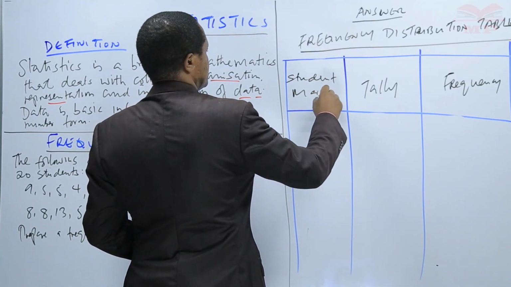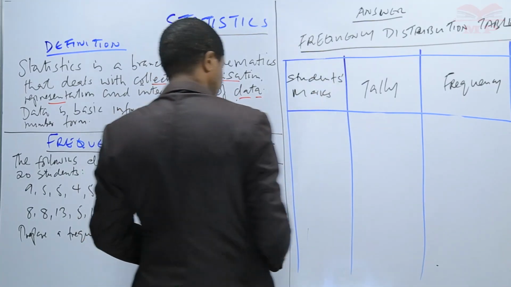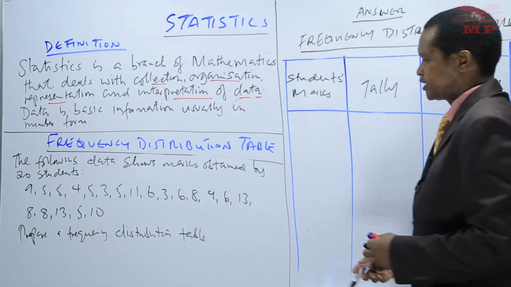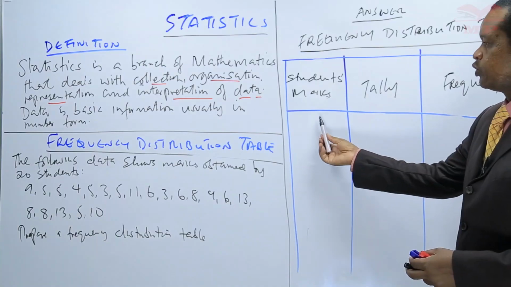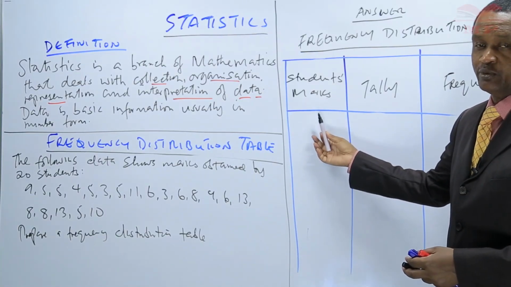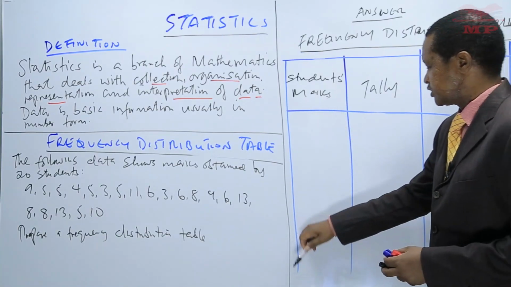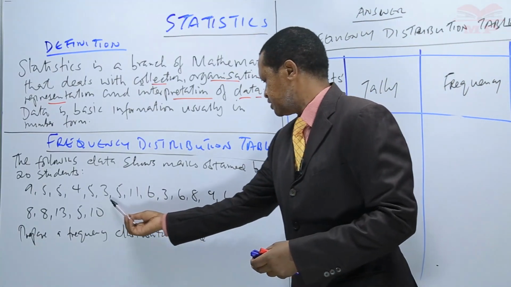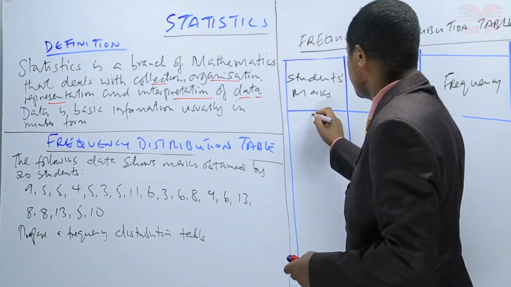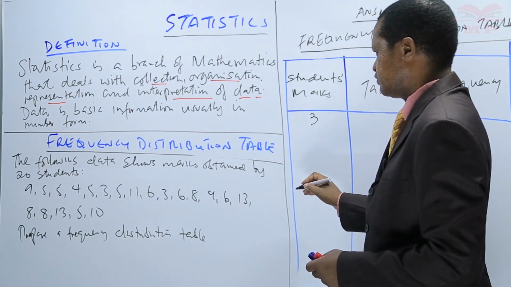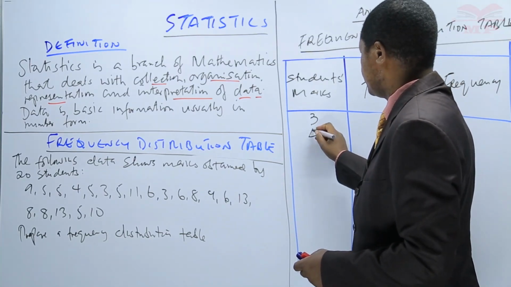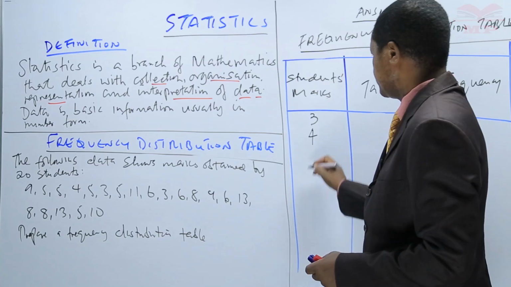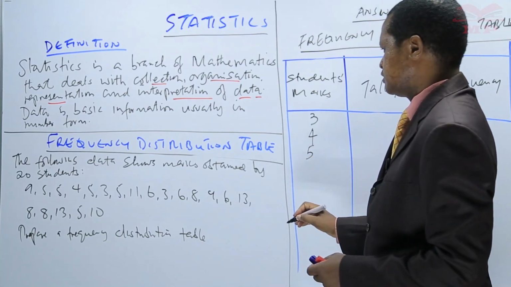We start by showing the least mark, and the least mark here is 3. So we write 3. Then we have 4, then 5, then 6.